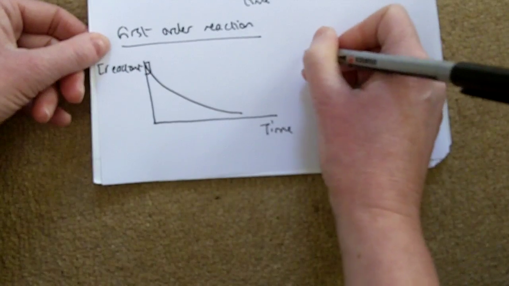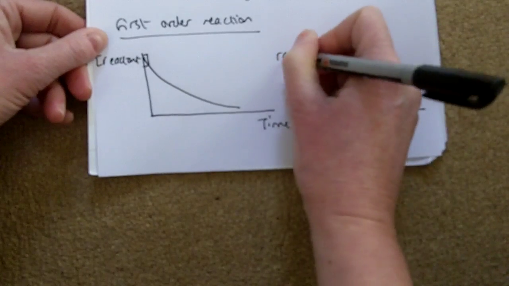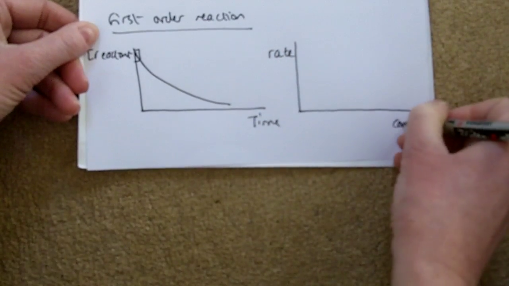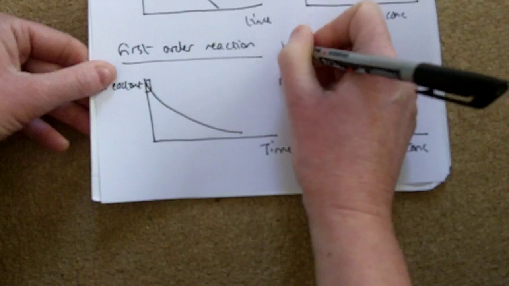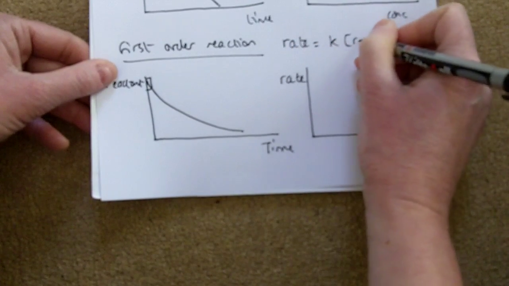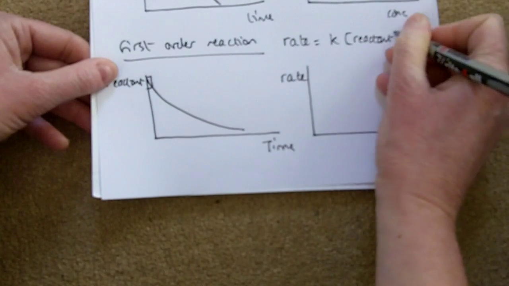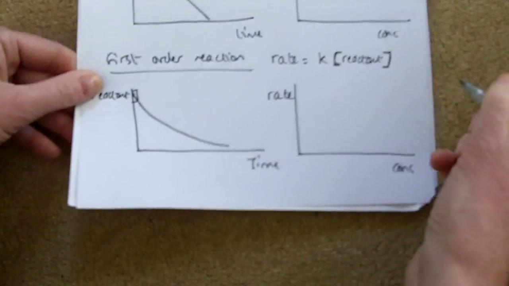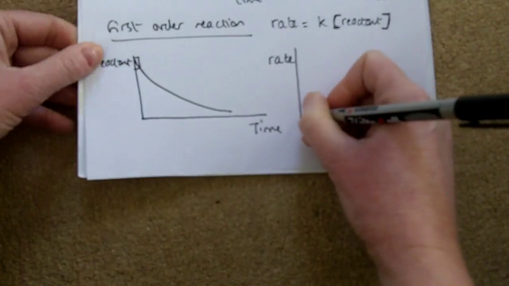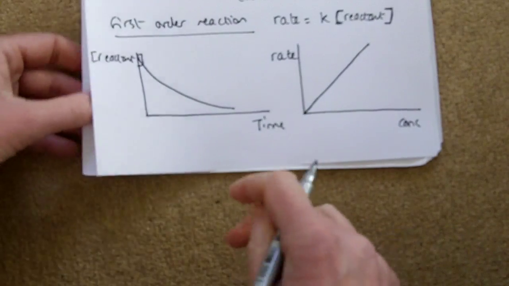Then when you plot the rate versus concentration graph, if it's first order, it's going to be rate equals k[reactant] to the power 1, make sure it's square brackets. So it's going to be a straight line, like y equals mx, going through 0.